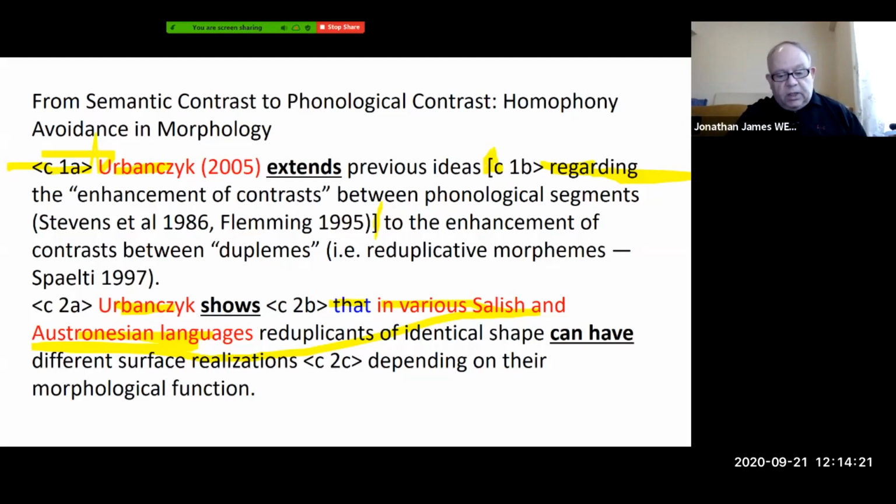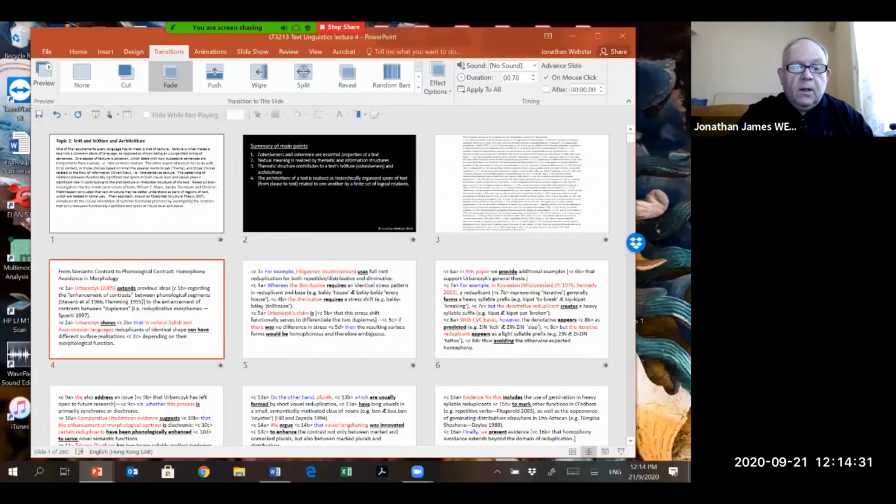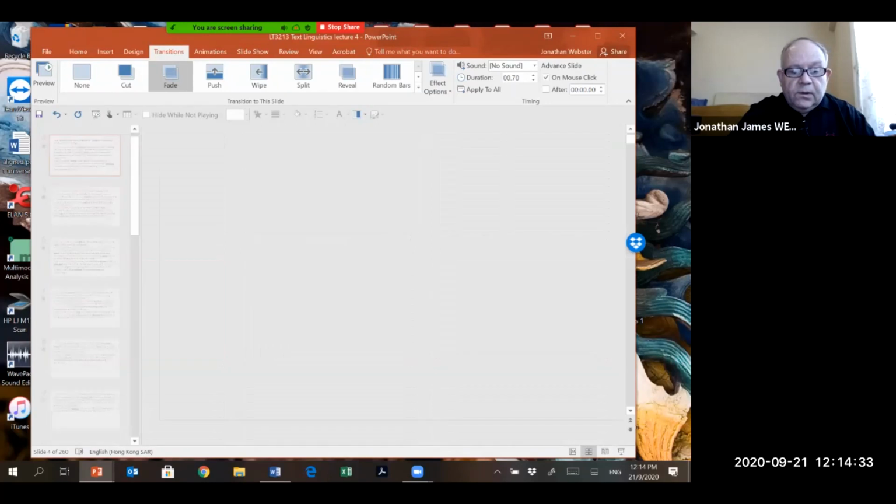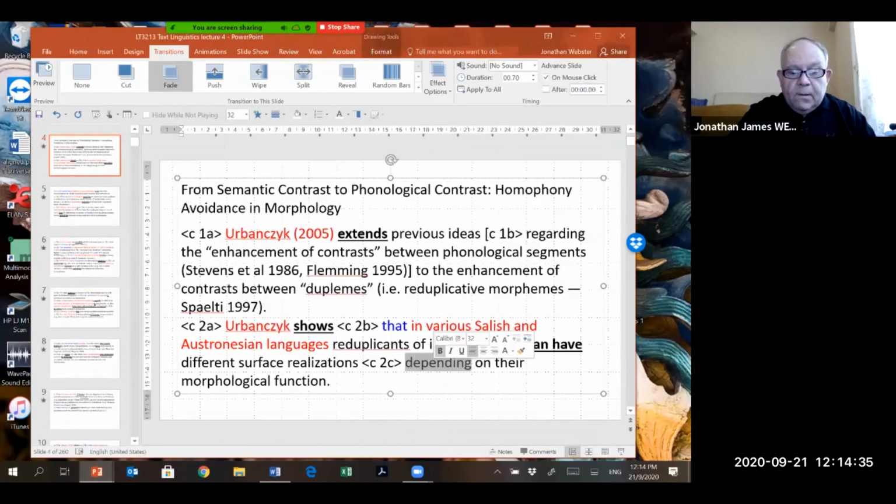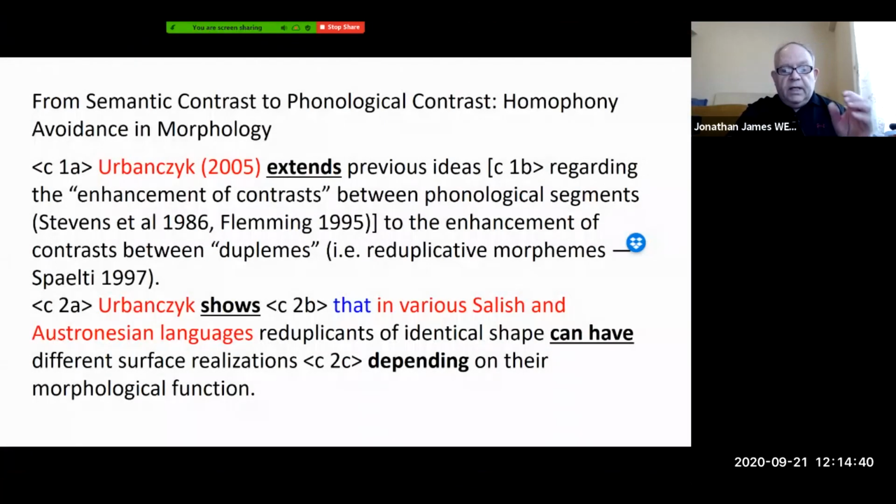2C is also a clause. I should have highlighted the verb depend. Just a moment. Depending is also a verb. Now, the verb here shows that it carries primary tense.